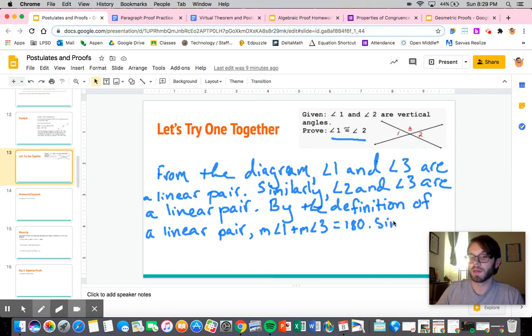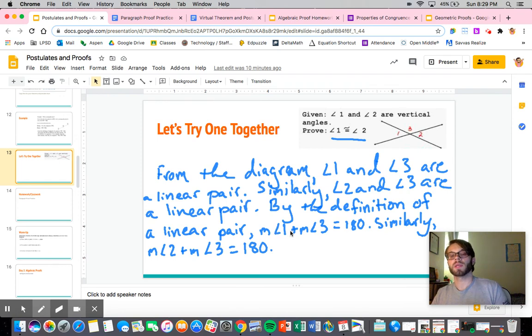I'll just use similarly again. Similarly, the measure of angle 2 plus the measure of angle 3 equals 180. All right, so we've gotten to this point where we said the measure of angle 1 plus the measure of angle 3 is 180, and then the measure of angle 2 plus the measure of angle 3 is 180.